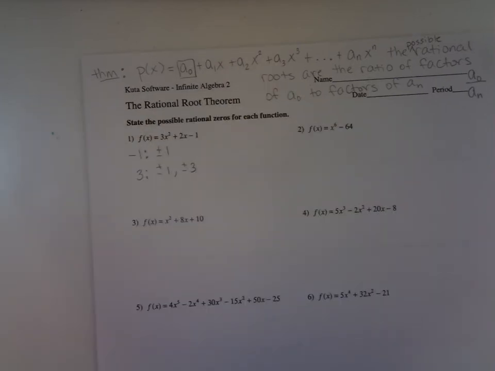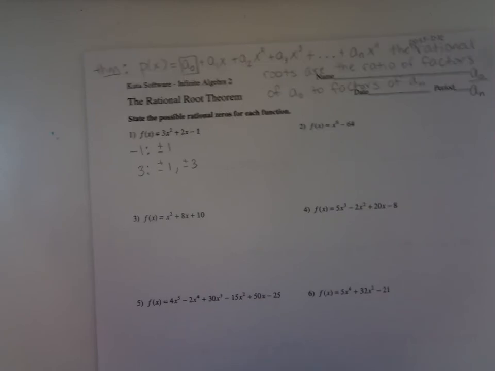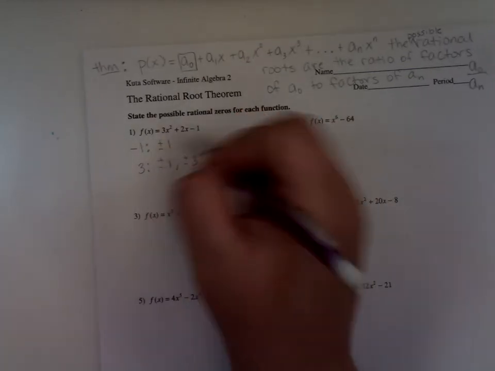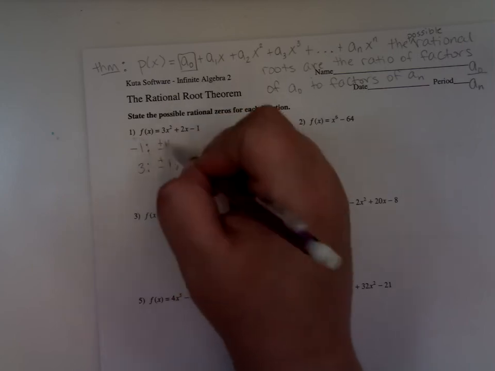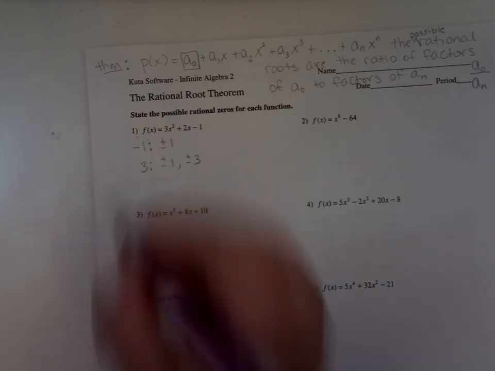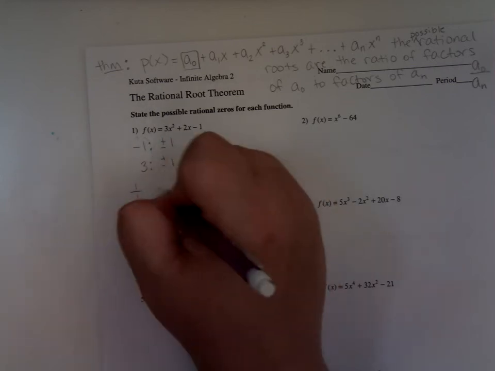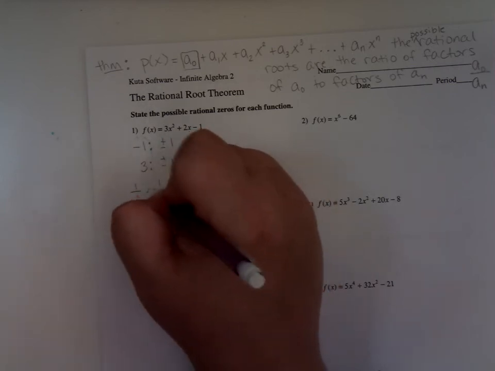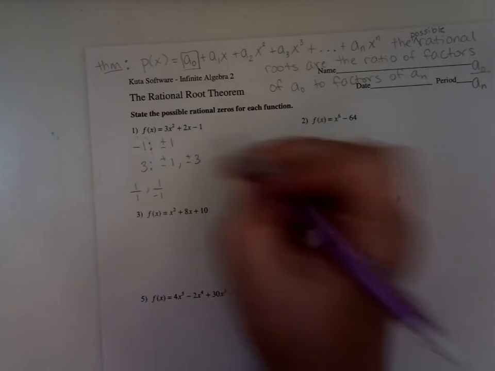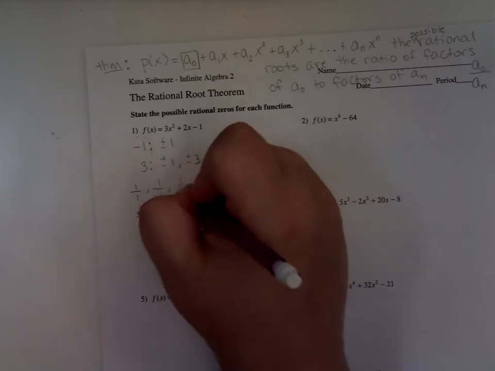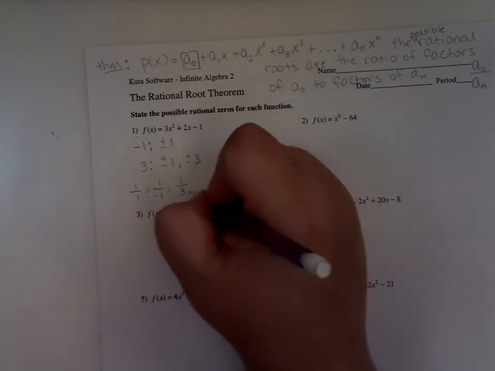So the possible rational zeros are, we're going to take all combinations of the factors of these as fractions. So +1 over +1, +1 over -1, +1 over +3, +1 over -3.